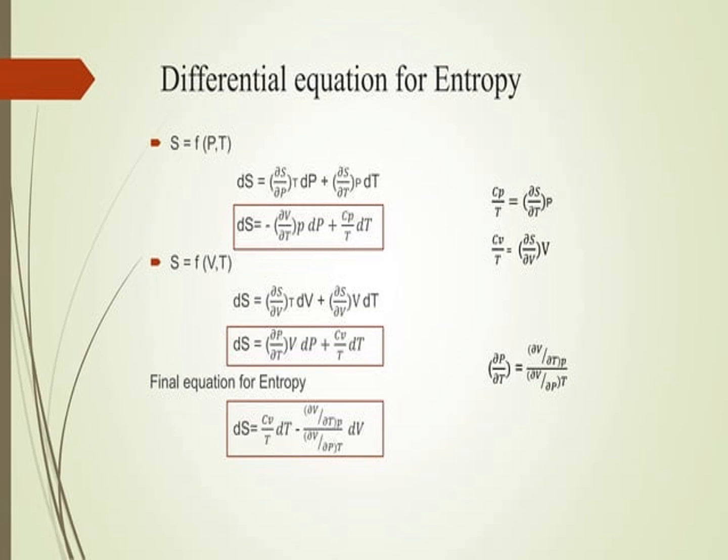For the function of volume comma temperature, you will also get the answer. The final equation for entropy is dS is equal to Cv by T into dT minus ∂V/∂T at constant P divided by ∂V/∂P at constant T into dV. This is the final equation for the differential form of entropy.